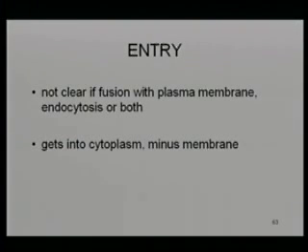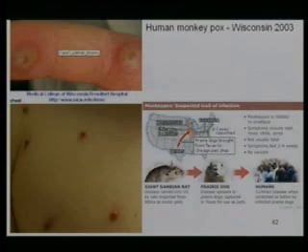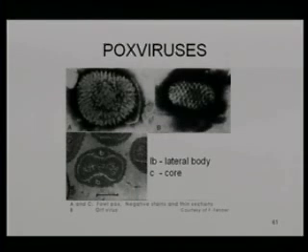Okay, so the pox virus. If you look back into the introductory lecture, there's a sort of schematic of these. If we look at the structure of the virus, it has a membrane on the outside, and it's somewhat controversial as to whether this is a single bilayer membrane or a double bilayer membrane.